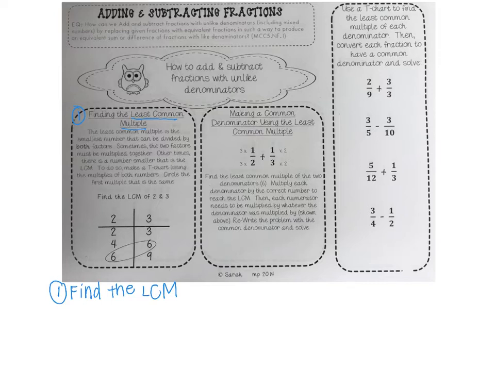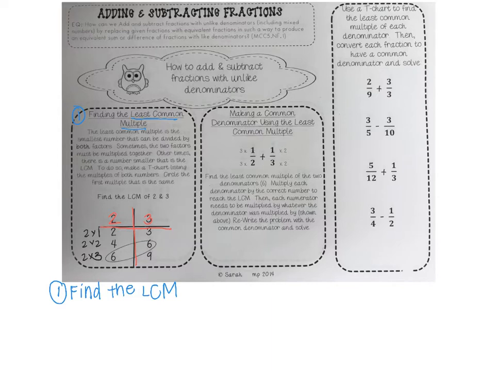If we look right here at this T-chart, everyone see the board where I'm pointing out the T-chart in red? Okay, my denominators are 2 and 3. So I'm going to label my T-chart with 2 and 3, and then all they did here was the fact families for 2 and 3. So they got 2 by doing 2 times 1, 4 by doing 2 times 2, and 6 by doing 2 times 3.